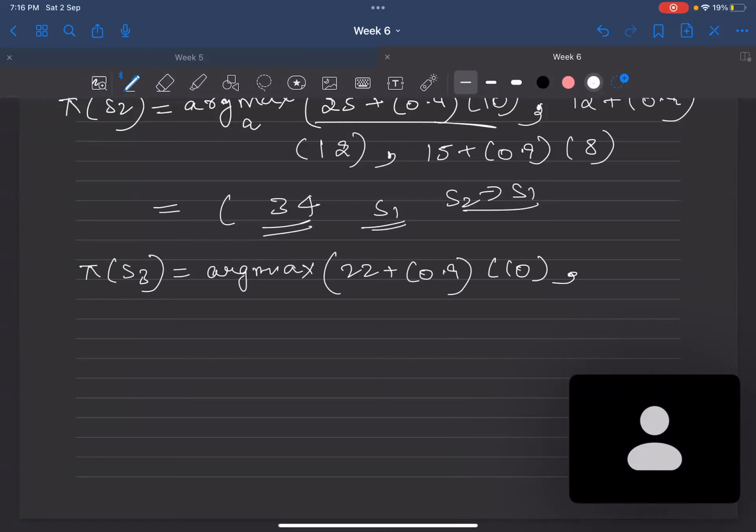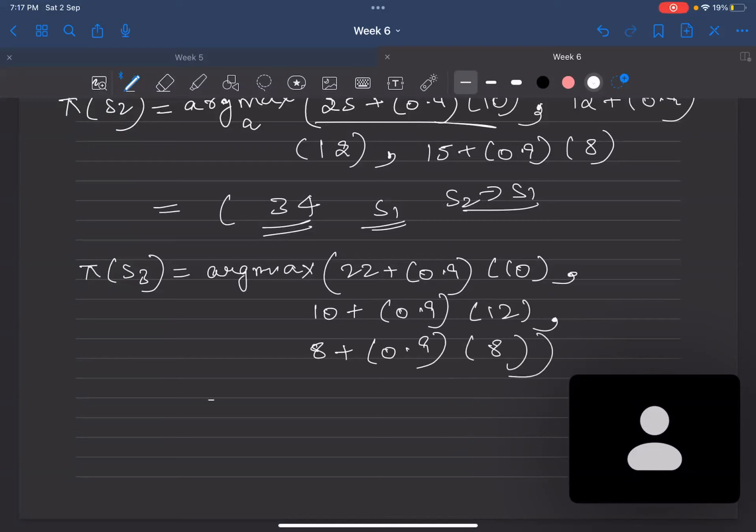S3 to S2, the reward is 10, plus 0.9 into V of S2, which is 12. S3 to S3, the reward is 8, plus 0.9 times V of S3, 8.